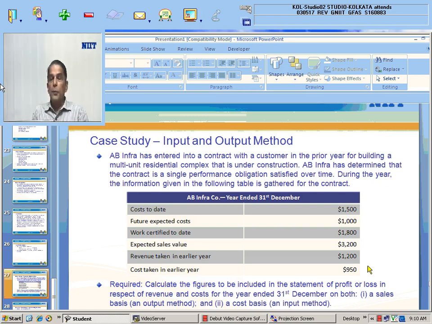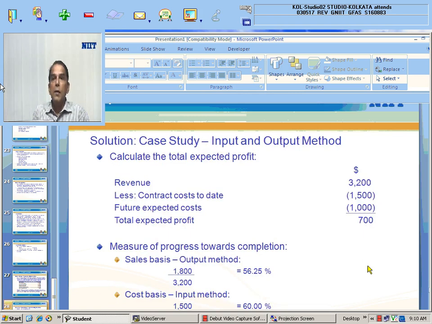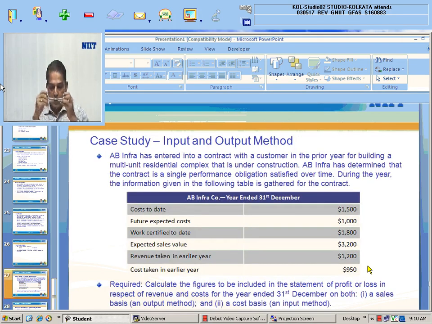Now, as we know, total expected sales value of the contract is 3,200. So revenue is 3,200.